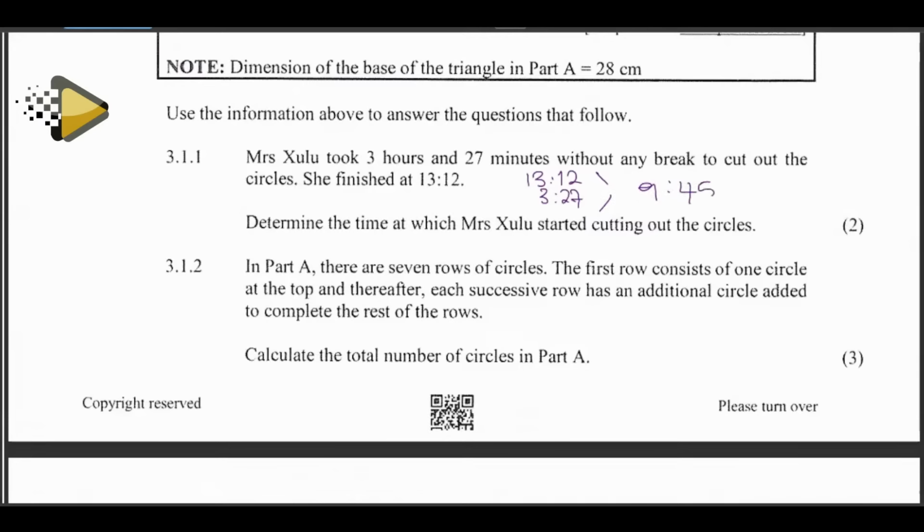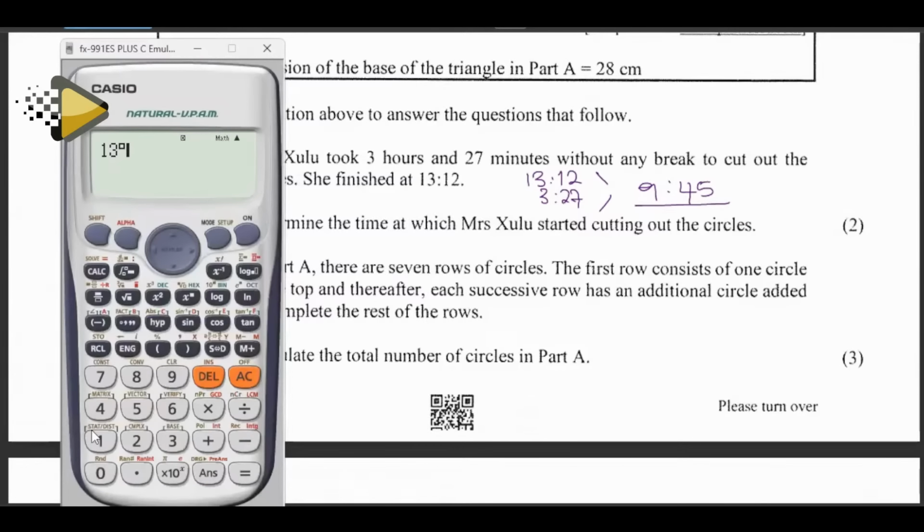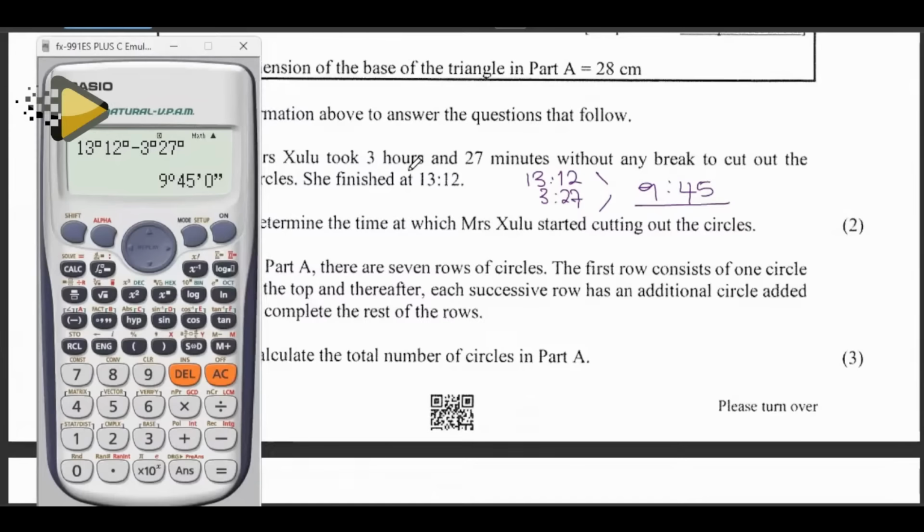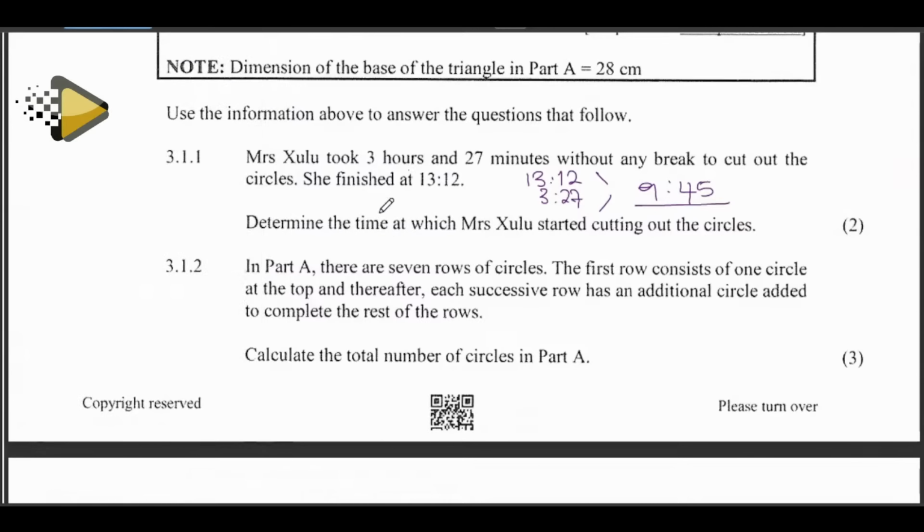Sorry, she began at 9:45. 9:45, this could be AM. Okay. 9:45. The person who doesn't know how we got it, we took 13, press that key, 12, press that key, minus 3 hours, press that key, 27 minutes, press that key and press equals 9 hours and 45 minutes. Okay, determine the time at which that's done.